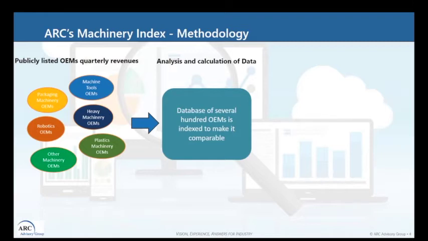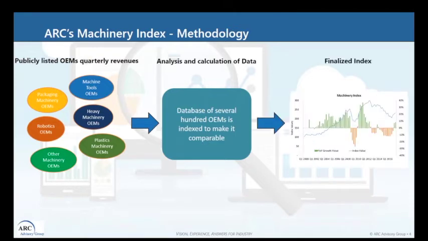Then we put the data that we collected into our database, make some analysis and calculations of this data, and index it to make the different machinery segments comparable, because people are of course interested in seeing how specific machinery segments have developed over the past, and also to see whether other machinery segments develop the same. When they, for instance, make strategic decisions, when they are automation suppliers focused on specific machinery segments, they are always interested in how these segments developed in the past and maybe how they will develop in the future.